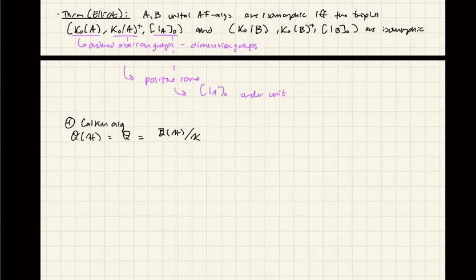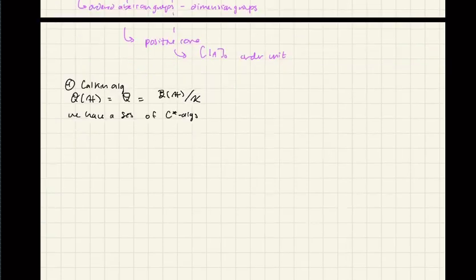So we have a short exact sequence of C-star algebras, which takes the compact operators, you include it into the bounded operators, and then we do our quotient. So we get the Calkin algebra.